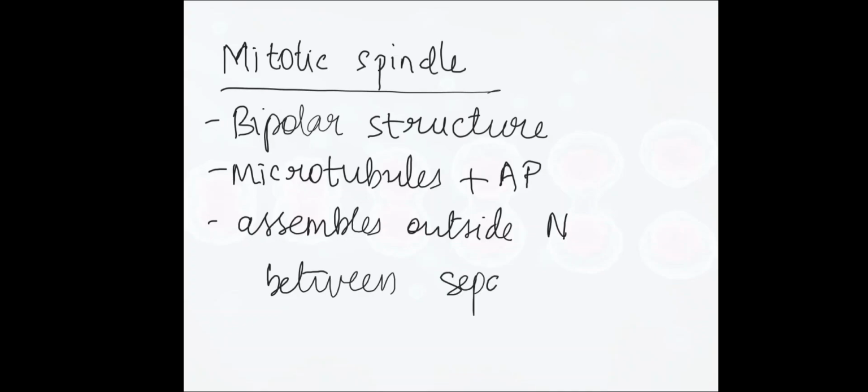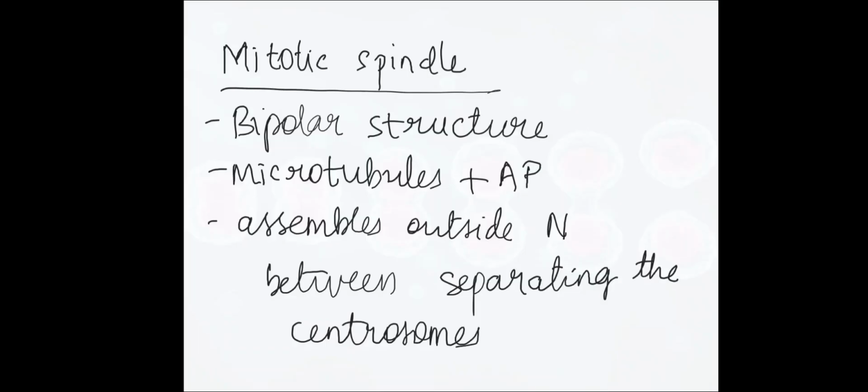It assembles between the separating centrosomes. As I said, the mitotic spindle is a bipolar structure made up of cytoplasmic microtubules and associated proteins, having both a plus end and a minus end.